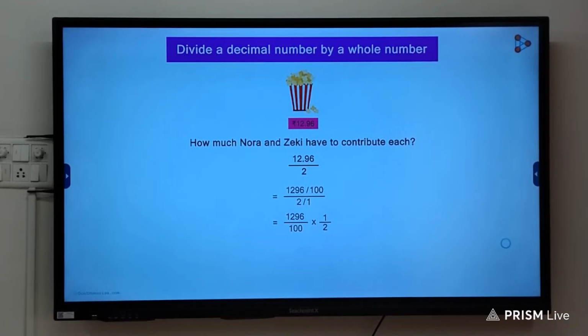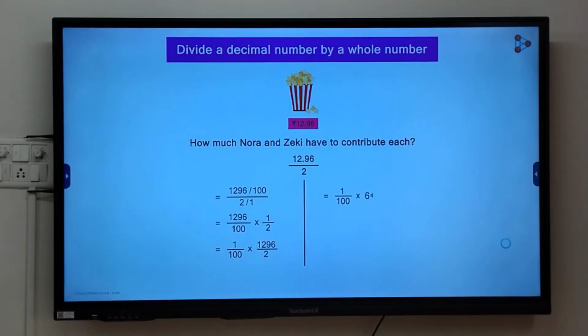Now we can rearrange the numerators of the fractions as shown. This is equal to 648, and 648 divided by 100 is equal to 6.48. That is, 12.96 divided by 2 is equal to 6.48. This makes our life easy. So Nora and Zeki have to contribute 6.48 rupees each.